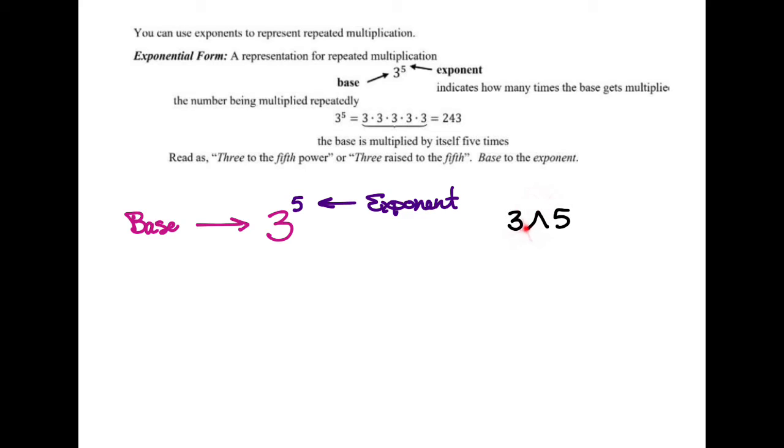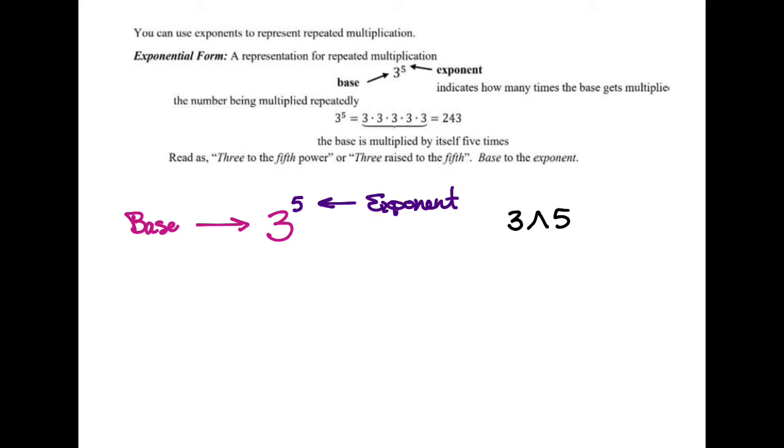This little symbol is called a caret, and it means raised to the power of the number following it. So this is 3 to the power of 5, basically 3 raised to the 5th, 3 to the 5th power. That's what this means.